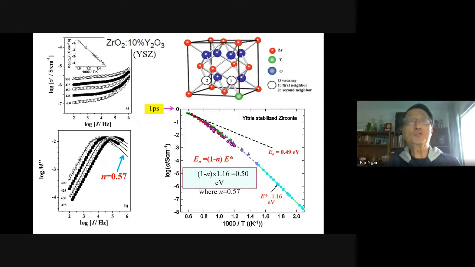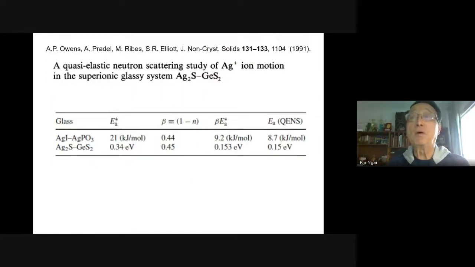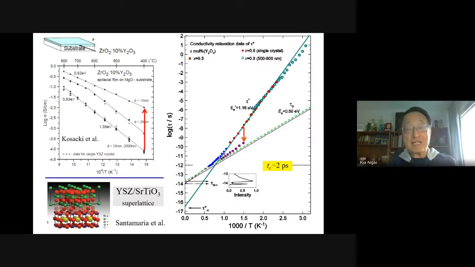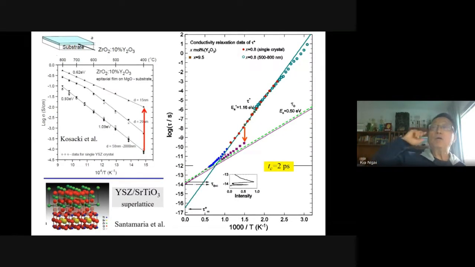So here I won't show much more because I'm running out of time. This is a beautiful case in which you see the EA on the right figure, deduced from EA star, showing lots of data, and as I showed you, you do the coupling model equation, you get the tau zero.